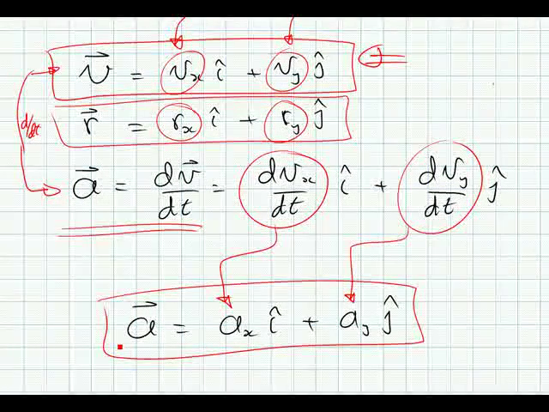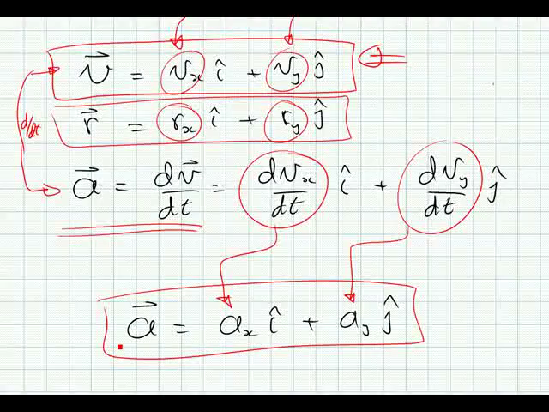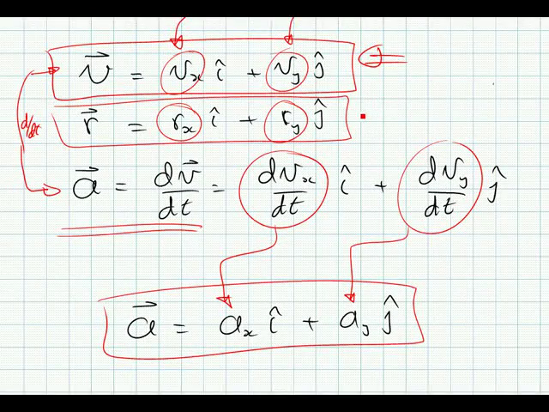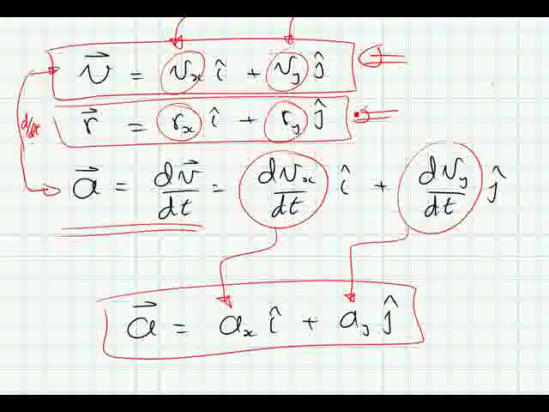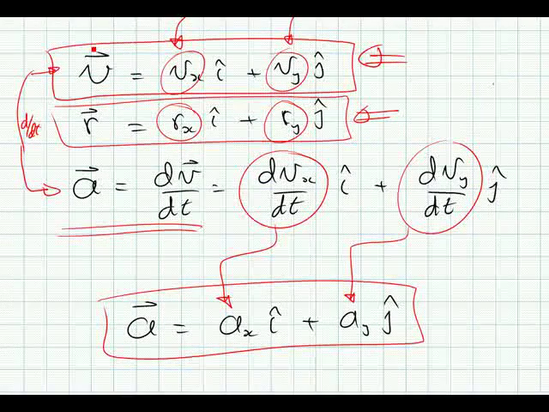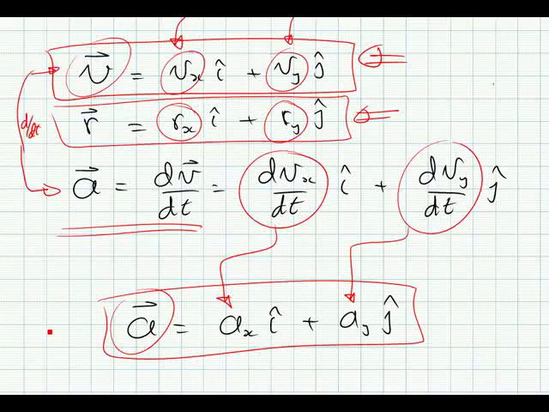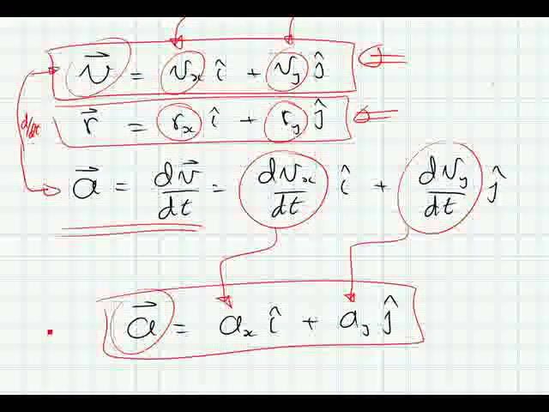So as you can see, we have a vector equation for the position of the object, a vector equation for the velocity of the object, and one for the acceleration of the object.